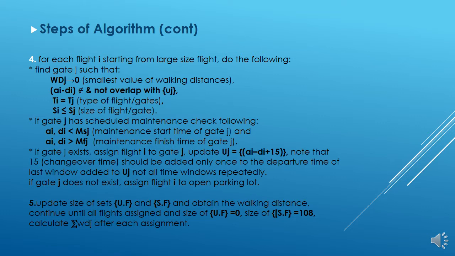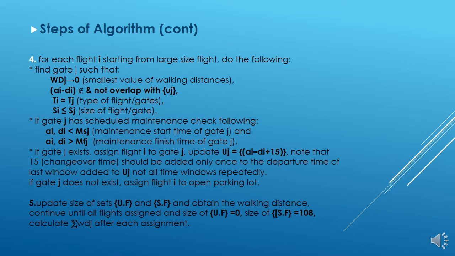This is step 4. In step 4 we are going to do the following for each flight, starting from large size flights. We first choose the gate with minimum distance, which is close to 0, and we check that the arrival time and departure time do not overlap with the set Uj, which is the utilized time windows of the gate.